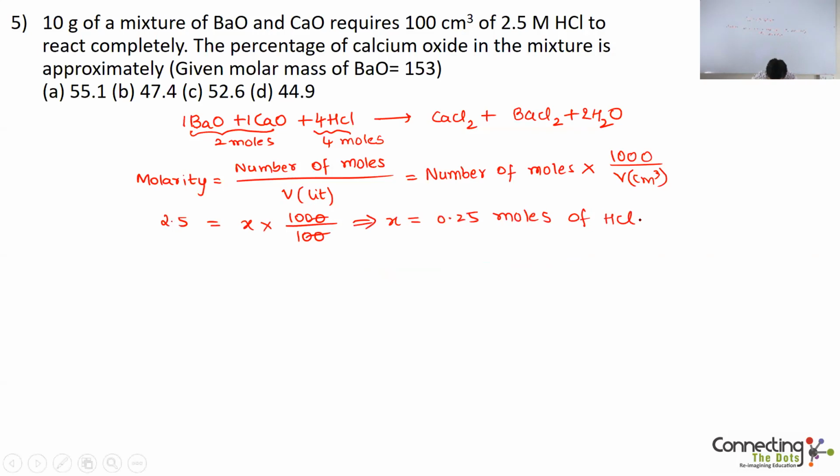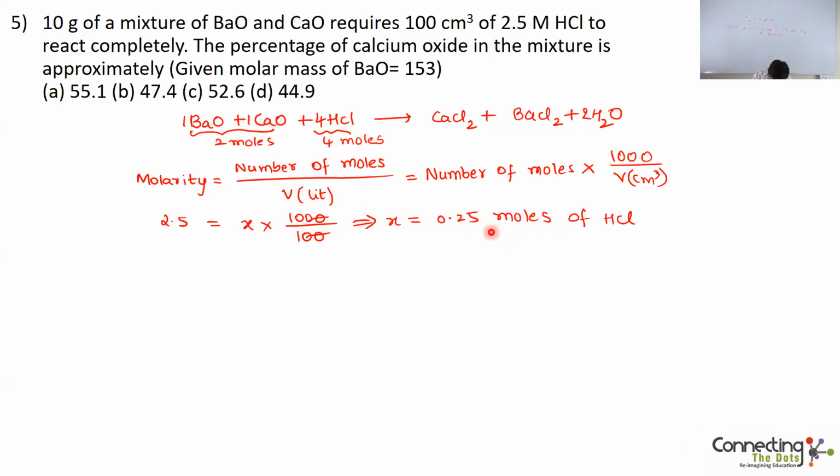So from the ratio, you can say how many moles of barium oxide and calcium oxide are present. So if 4 moles of HCl are present, it will react with 2 moles of mixture of barium oxide and calcium oxide. So similarly, if 0.25 moles of HCl are present, its ratio is like 2:4, so it will be basically half of this.